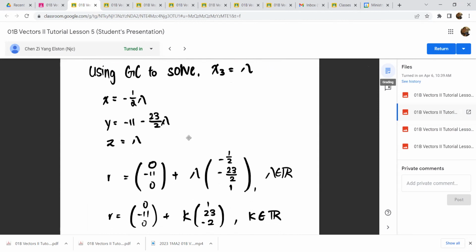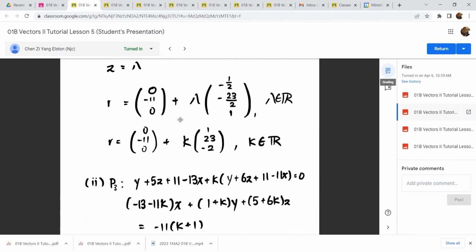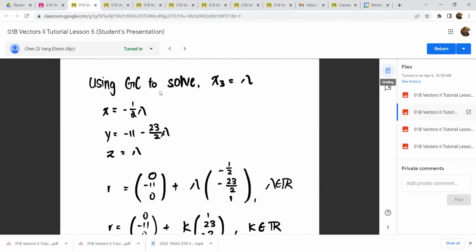Simplify to get. So what exactly do you do in this? It's called the simultaneous equation solver. Yeah. Okay.